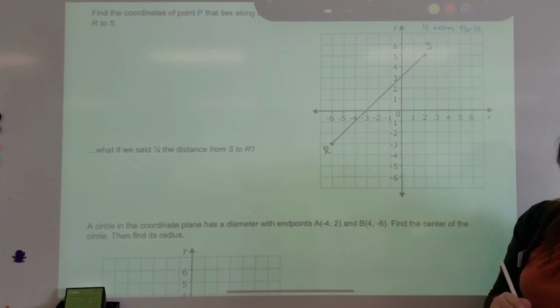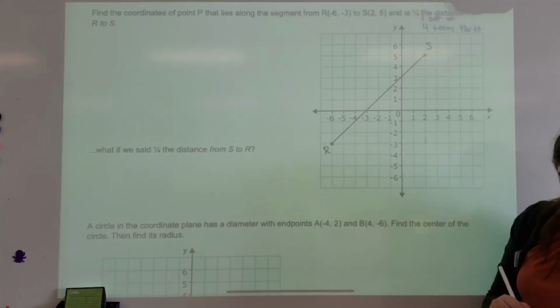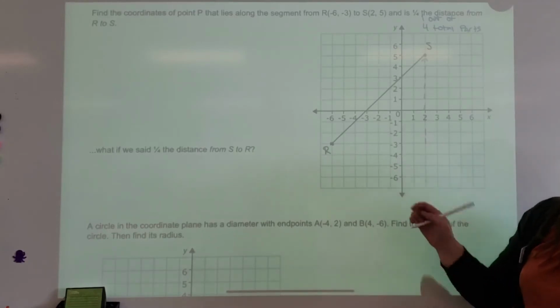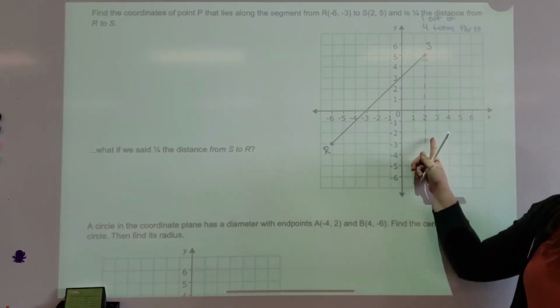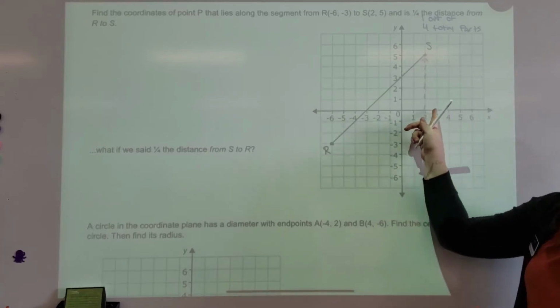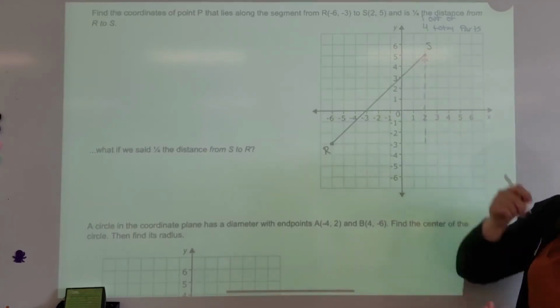So I'm traveling from R to S and I'm going upward, and I go from here to there. 1, 2, 3, 4, 5, 6, 7, 8.